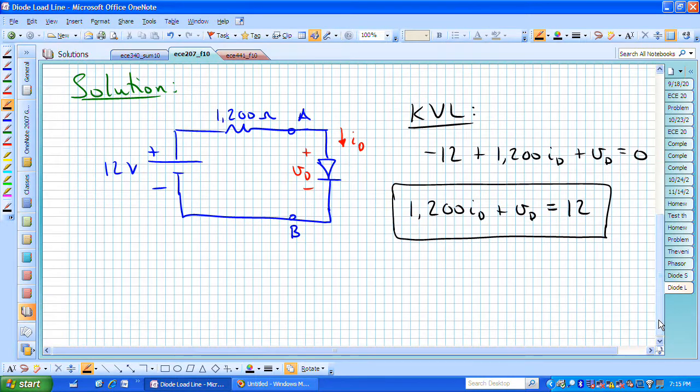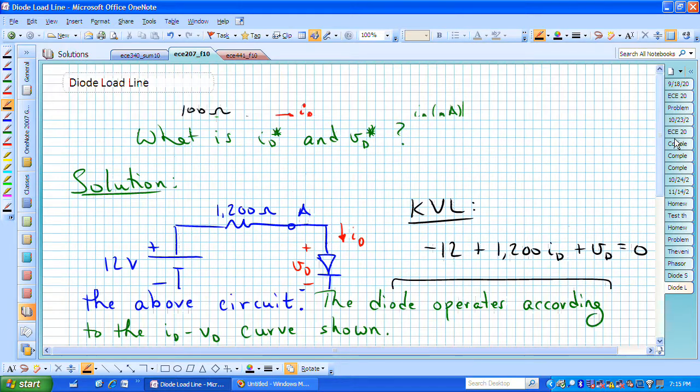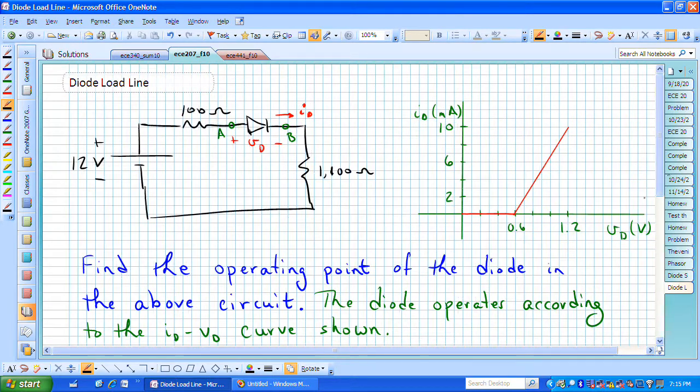That's actually a linear equation. What we want to do is superimpose that linear relationship for I sub D and V sub D on this IV characteristic of our diode, and it doesn't have a wide range of voltage, so maybe we should just look at a couple of different voltage values and find the resulting current.